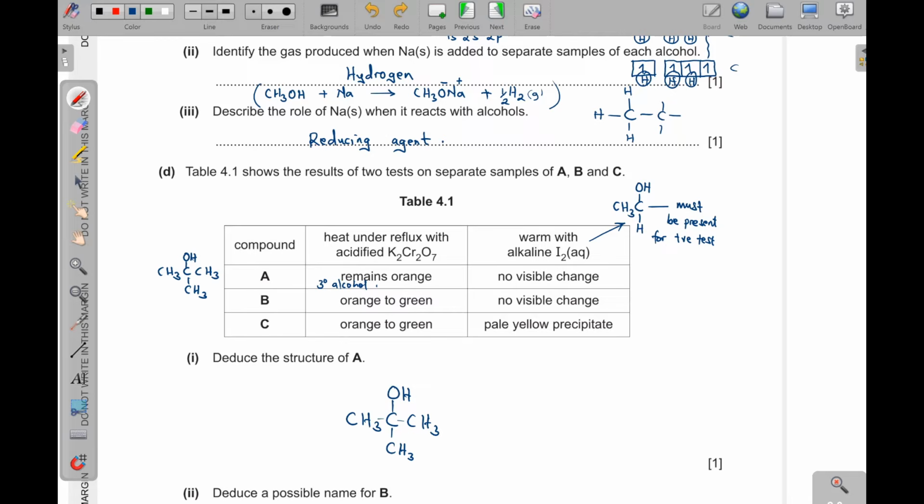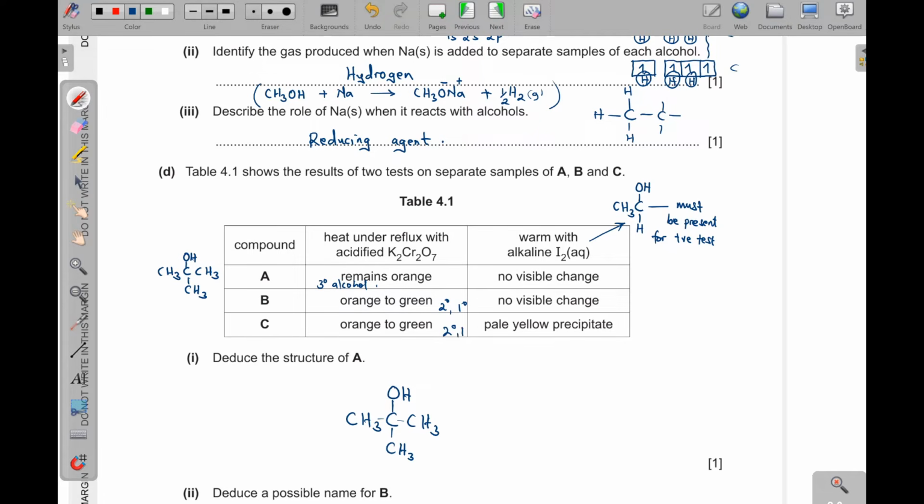It can be oxidized. If you oxidize a secondary alcohol, you can get a ketone. If you oxidize a primary alcohol, then you can get an aldehyde and then later a carboxylic acid. So that means here we can have a secondary alcohol or a primary alcohol.